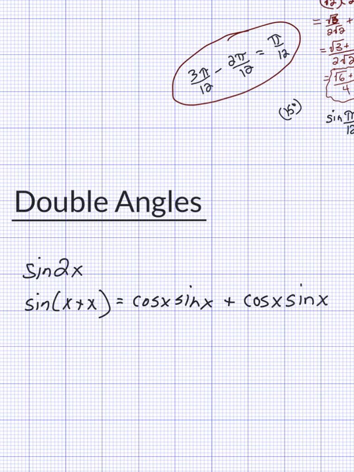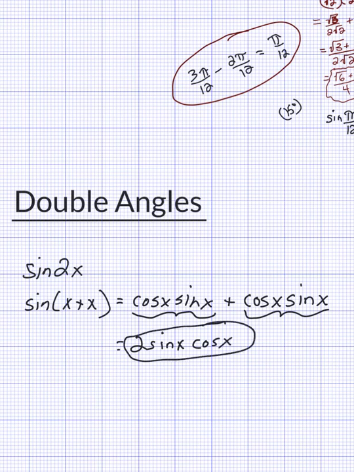Since the first one and the second one are the same, this term and this term end up being the same thing. This is just equal to 2 cos x sine x, or 2 sine x cos x. For some reason I wrote cos before sine, which is not normal. So sine of any 2x is 2 sine x cos x. That's just a special case of our compound angles for sine.